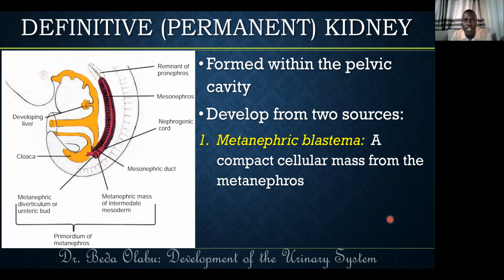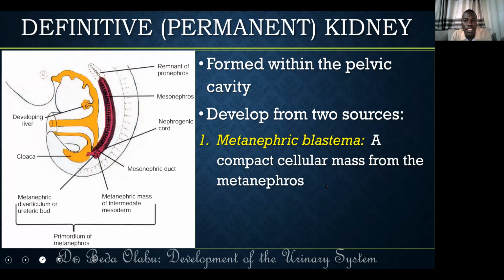The metanephric blastema is a compact cellular mass which is formed by the metanephros that we've just talked about. Compact cellular mass formed by the metanephros. This compact cellular mass contributes to formation of the urine-forming structures.